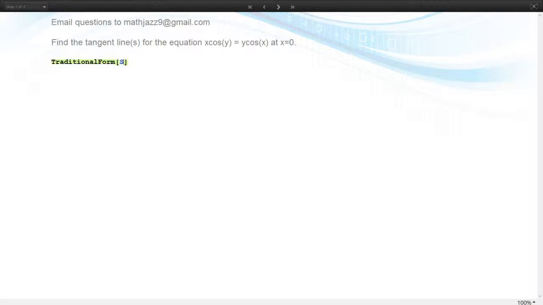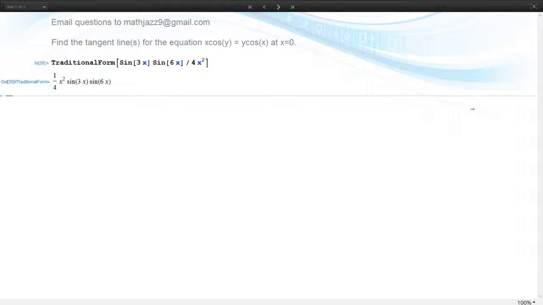So we'll go sine of 3x times sine of 6x divided by 4x squared. Oh, wait. I have to put parentheses around the denominator, or else it won't recognize this properly. So we want to compute the limit of this as x goes to 0.